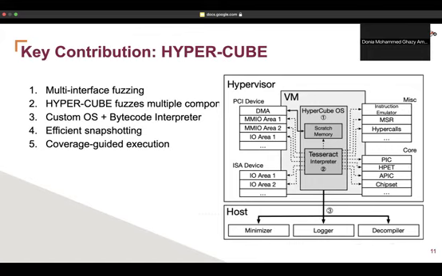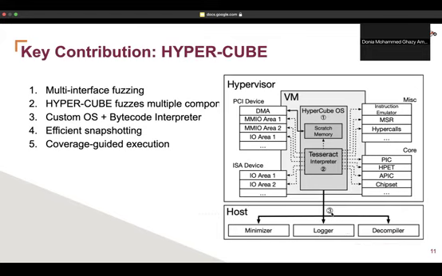Here is how it works. Hypercube, in a nutshell, generates test cases using bytecode. A bytecode interpreter, the Tesseract interpreter, interacts with multiple hypervisor interfaces, and then the fuzzer executes these cases while monitoring responses for crashes or anomalies. When an issue is detected, it logs and reproduces it.